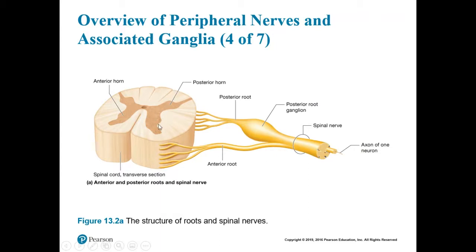So there's action potentials that go back and forth. If the action potential comes from the body into the nerve, and it's relayed over to the spinal cord, from the spinal cord over to the brain, then that's a sensory action potential.